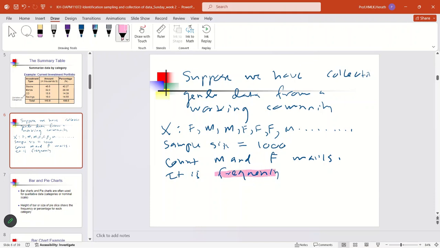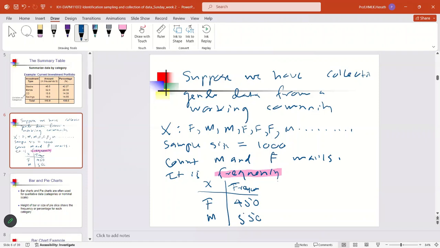How many times male appears, how many times female appears. Right now we can put this data in a table. We can draw a table with two columns. Gender, so this is the variable gender. We have female, we have male, and we can record the frequency and the total frequency. Say we have 450 females and 550 males.